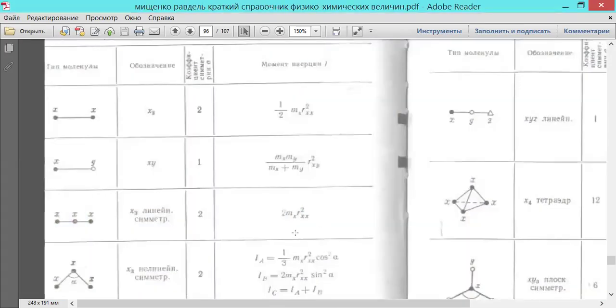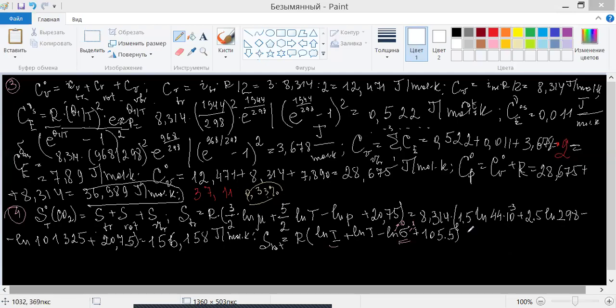It's twice the mass of the atom times the squared internuclear distance r. Okay, we got what we need, and now we're getting back to our calculations. So let me rewrite the formula.